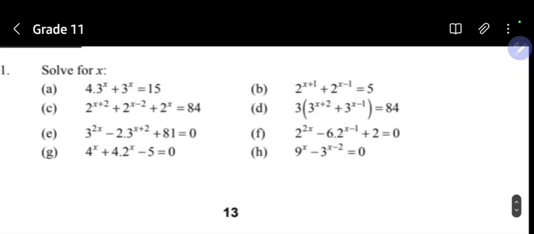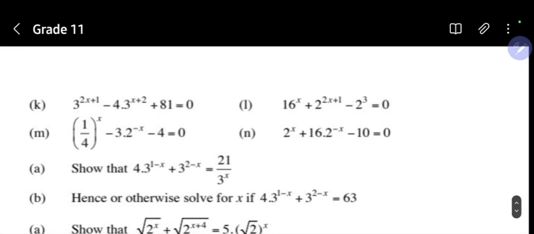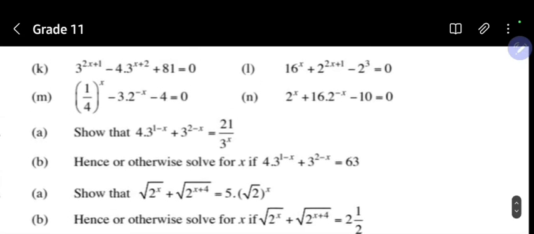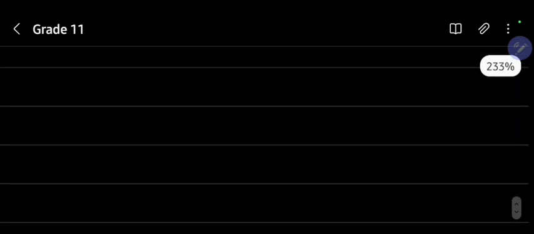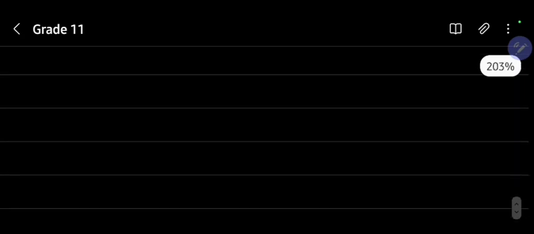This is the first part of our homework, and this is the second part. I hope this time it will be visible. I know that some of you had challenges getting this homework later on because it was not visible.